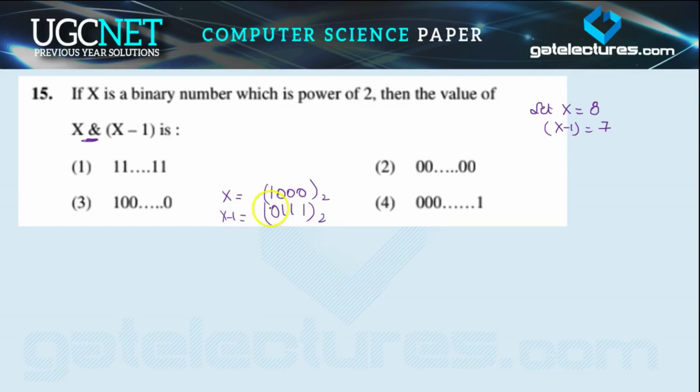If we apply the AND operation between these two, 1 and 0 is 0, 0 and 1 is 0, 0 and 1 is 0, and 0 and 1 is 0. So the answer would be 0 0 0 0. So option 2 is the right one. You can take any value of x, then subtract 1 to get x minus 1, apply the AND operation, and you finally get the answer.